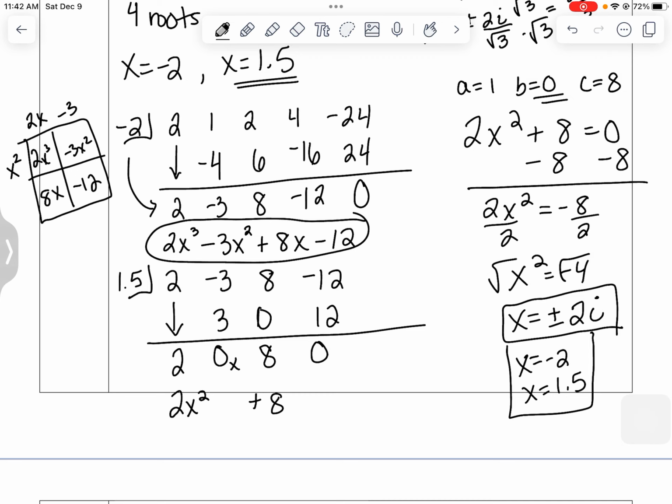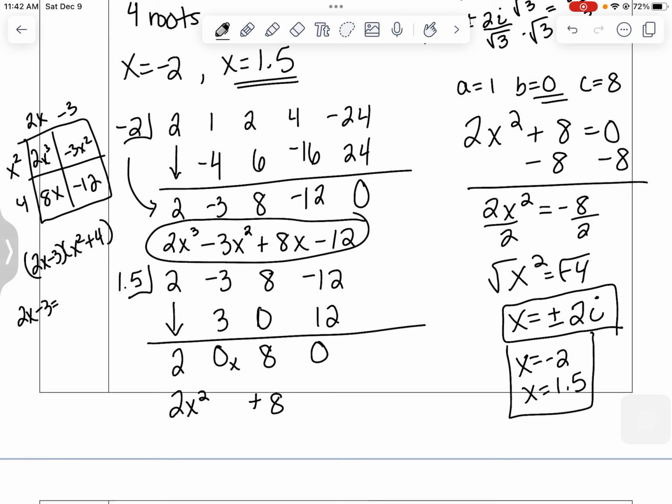This one has a 2x, x squared times -3, and x times 8. Oh wait, that would have been 4. And then you would have factored that to be 2x minus 3 and x squared plus 4.